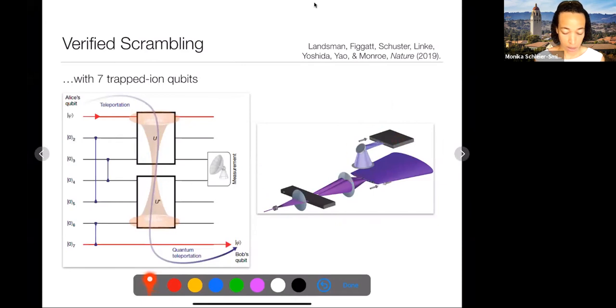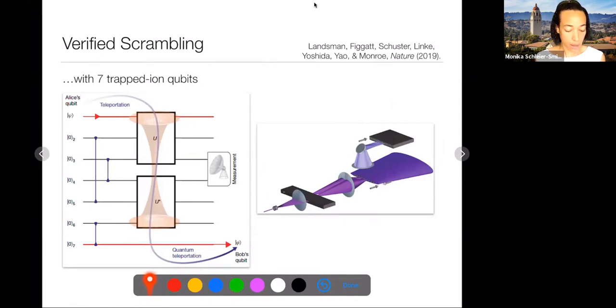There's this chain of, in this case, 7 ions that they did this demonstration with. They can locally address them with laser beams in order to implement these gates. Similar to things I've talked about before, the way they have their qubits interact is via the motional mode. There's some Coulomb interaction, and they can have the motional modes mediate interactions between their ion qubits.